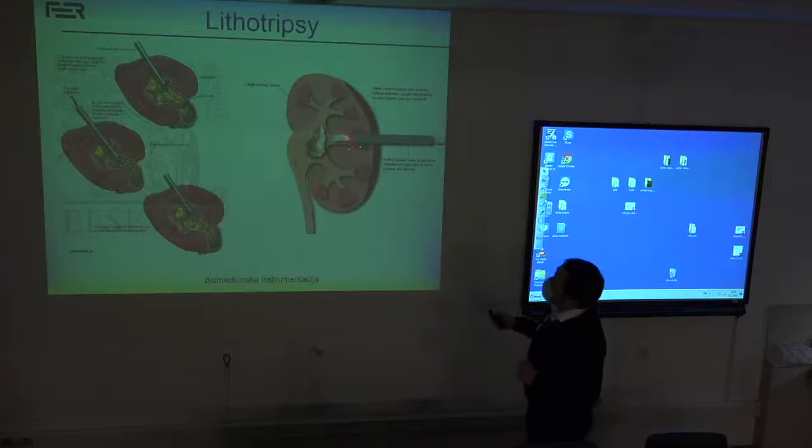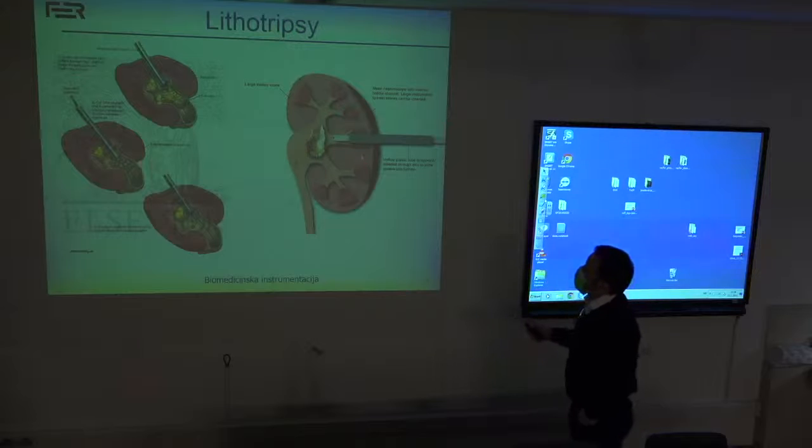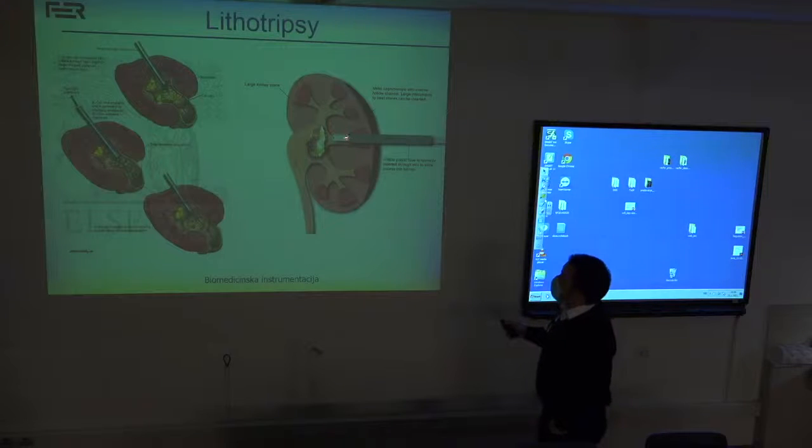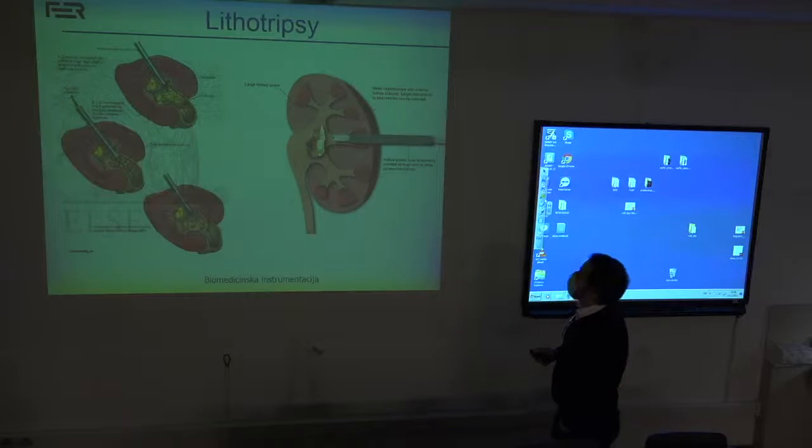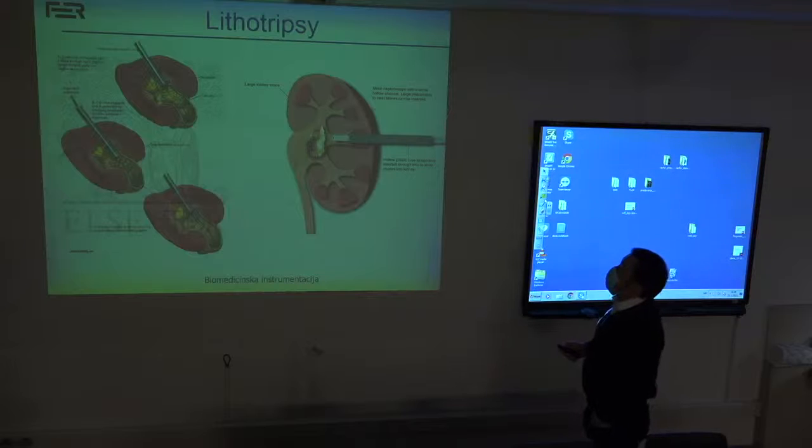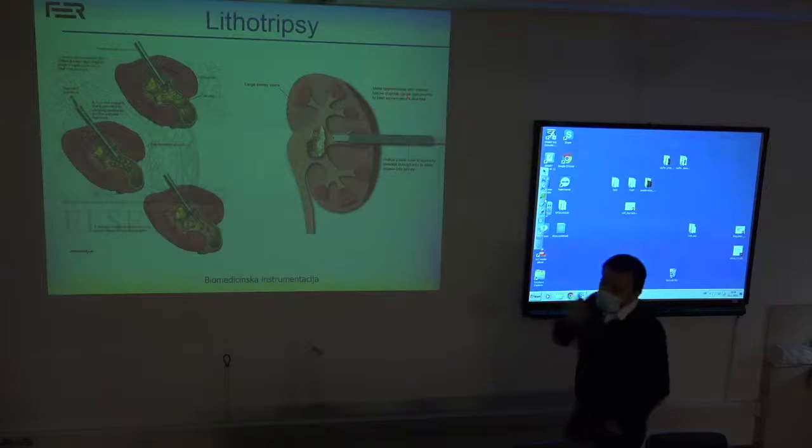So as you can see on this image, which is more schematic, you will have this one contact part that comes in contact with the stone. As you can see, it's called a nephroscope because it's scoping.